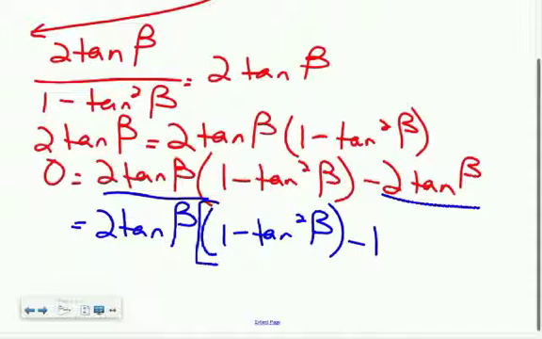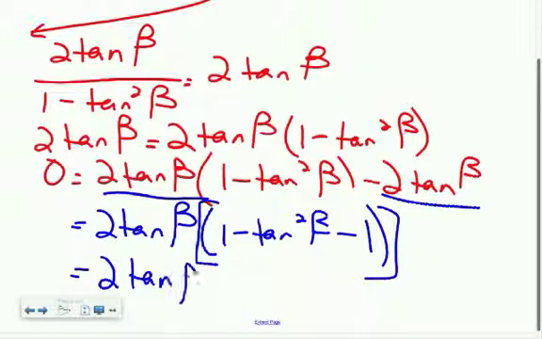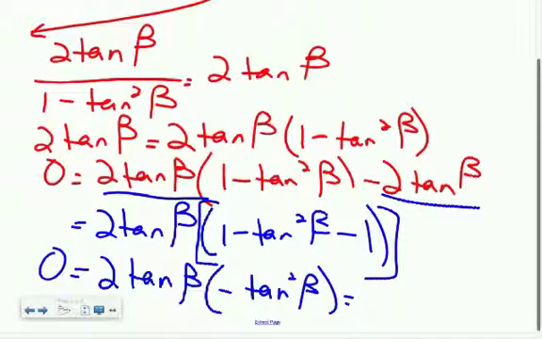You probably realize I really don't need those parentheses there. The ones are going to cancel out. So I have 2 tan beta times negative tan squared beta. Well, that's just negative 2 tangent cubed of beta.